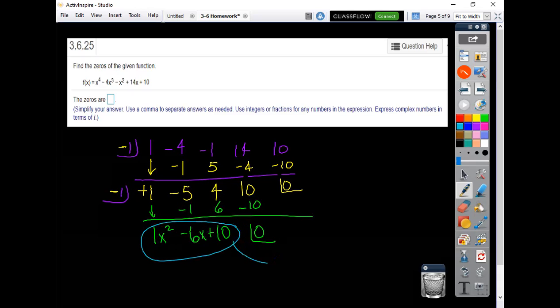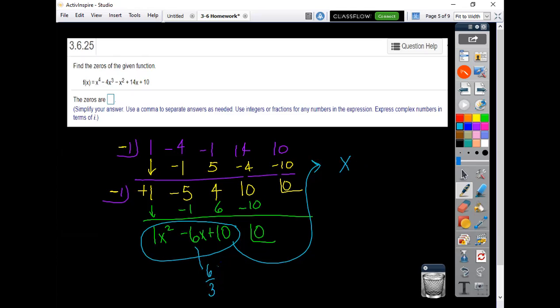Well, what are the zeros for that? You can use the quadratic formula, but I'm going to change that into completed square form. Remember how we take 6 divided by 2, which equals 3? So it's going to be x minus 3 squared, the same sign as the x term.